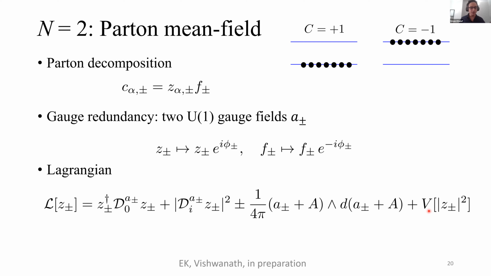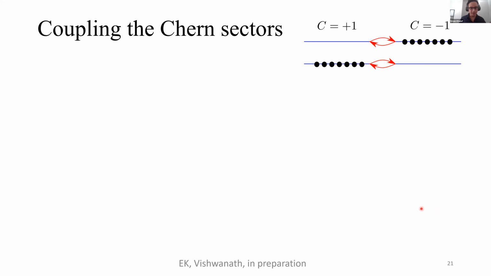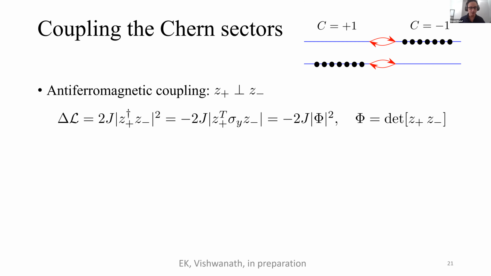The next step is to couple these sectors. As I said earlier, this coupling would make these sectors antiferromagnetically coupled. But what does it mean in terms of the z variables? It actually means that these z variables are orthogonal. So antiferromagnetic coupling means that if we fill the state, we leave it empty here. If this is like (0, 1), this will be (1, 0).